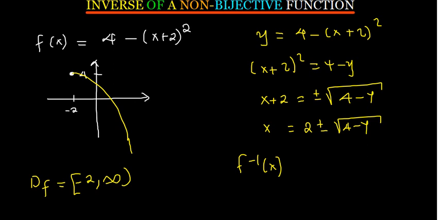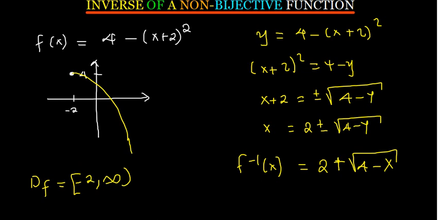Okay, so meaning we are going to pick 2 plus or minus, sorry, not plus or minus, we just get to pick the plus square root of 4 minus, where there was y, we put x. Now if you want to find the range of this function, it will start from this number that you're able to see here, going to all positive numbers, but this was negative 2.